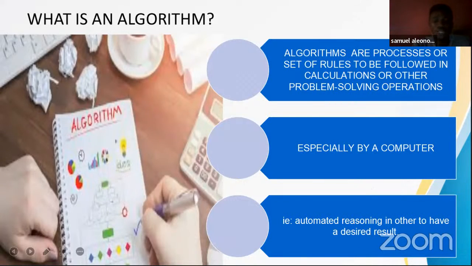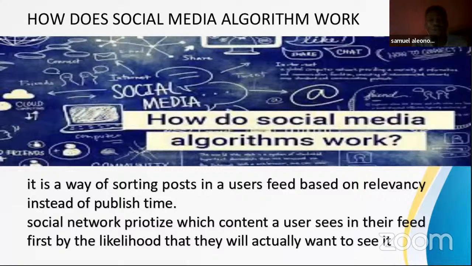So now, what then is social media algorithm, or how does social media algorithm work? Now, before now, in terms of Facebook, Twitter, Instagram platforms, social media didn't use algorithm.